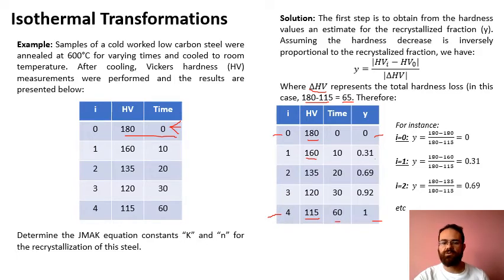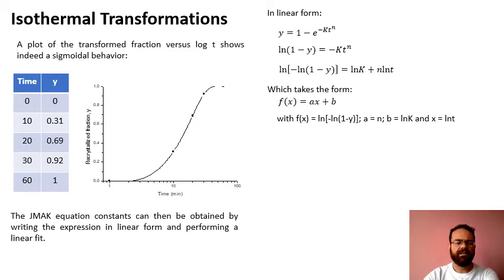We do this for all the remaining values to complete our table. Once we do this, we can plot the transformed fraction y as a function of time, and we can see that in fact it shows a sigmoidal behavior, which looks like the schematic version of the JMAK equation, which was shown previously.